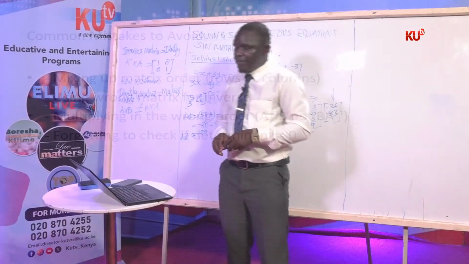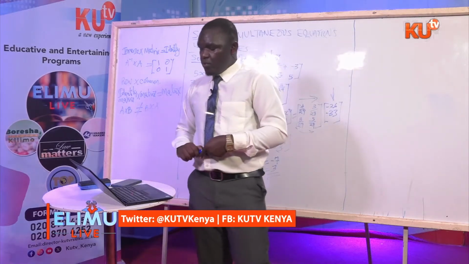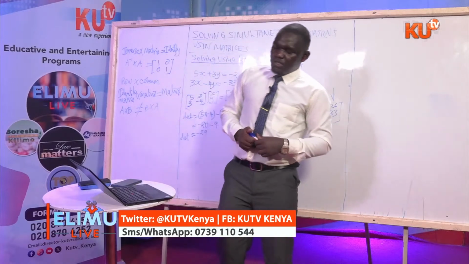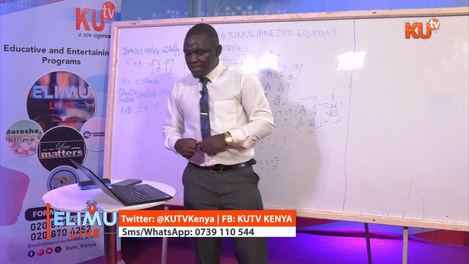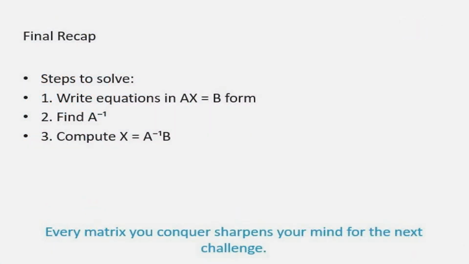Let's have the final recap on what we learned today. We learned how to write equations such that A times X is equal to B. We write equations in the form of A times X giving you B. A was our coefficients, X was our unknowns, then B were our constants.